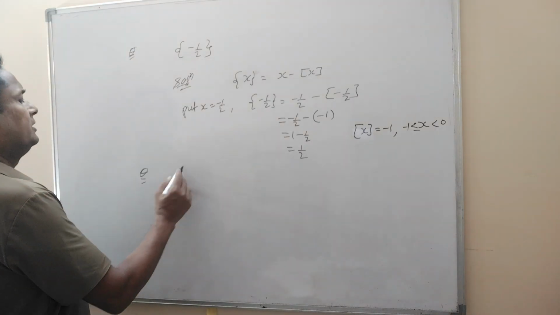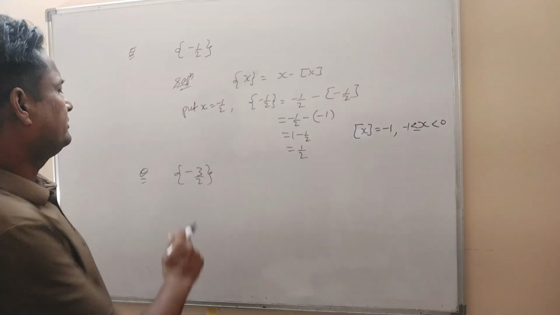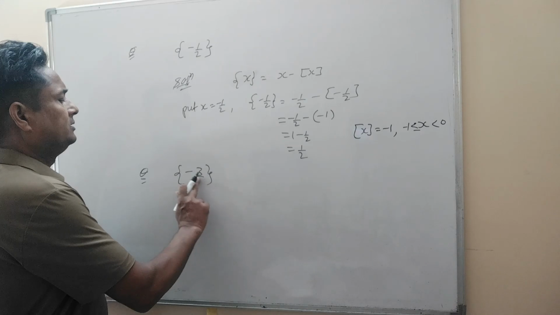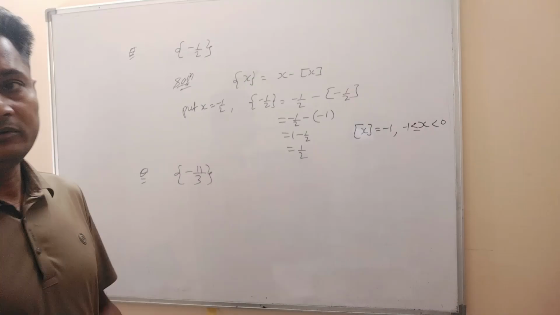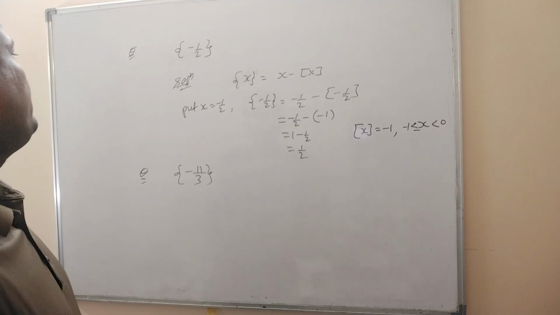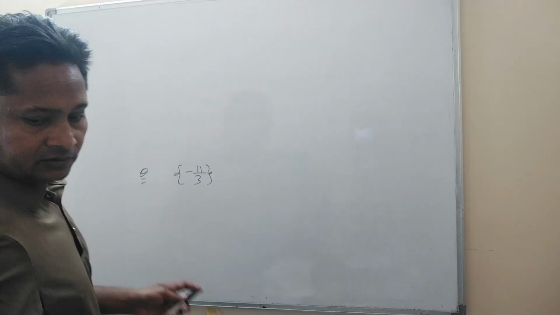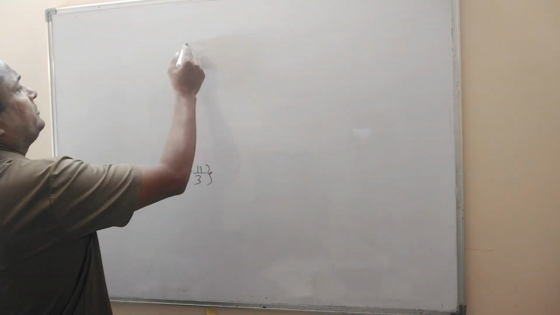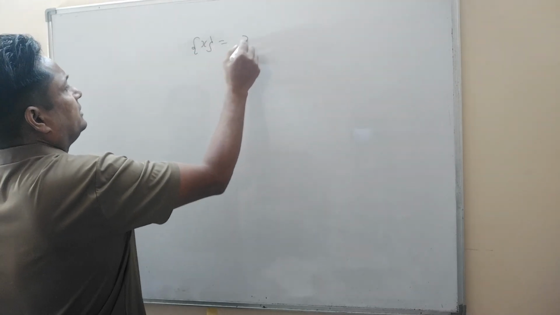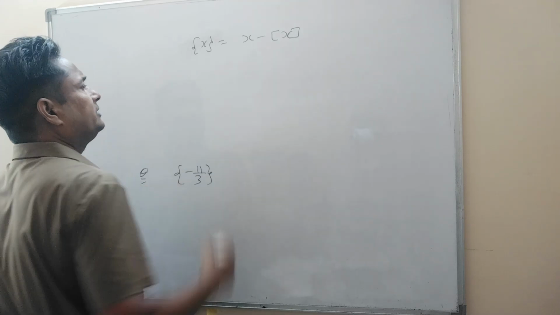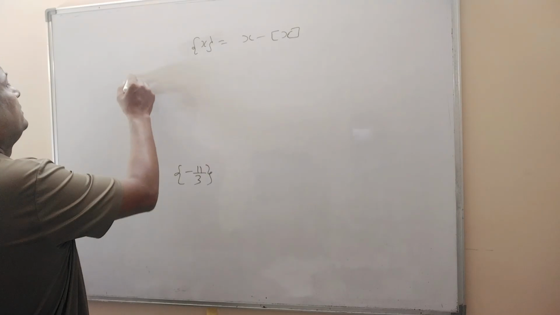Now next question. How will you calculate the fractional function of minus 11 by 3? So again apply the property: the fractional function of x is x minus the greatest integer of x.